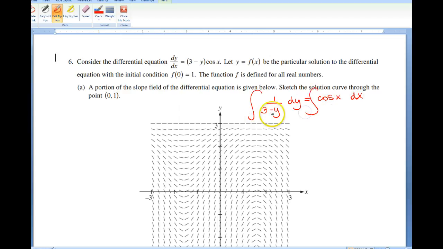Because when I do this, I have to let u equal 3 minus y, so du is negative dy. I don't have a negative, I just have a dy. So basically it's like this. The right side doesn't need substitution. What's the antiderivative for 1 over something? Good. So it's negative ln of absolute value of u.